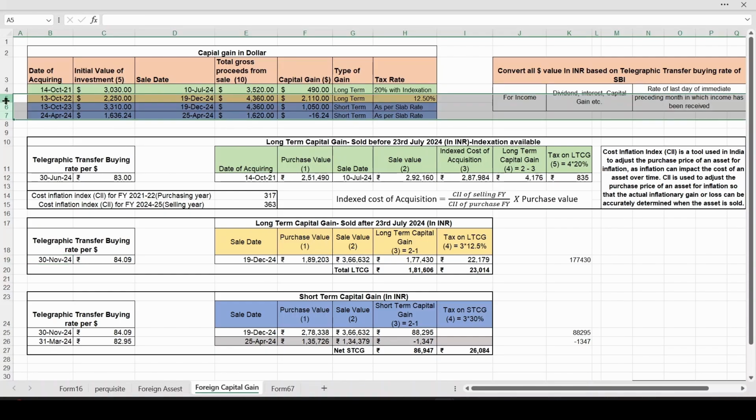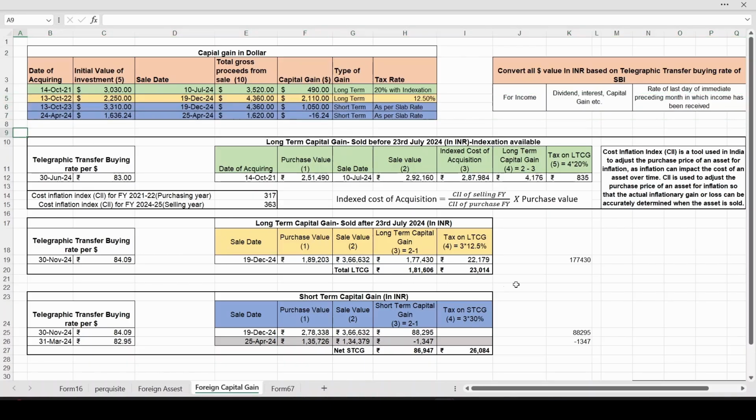First, we understand the calculation for these 3 entries other than indexation. So our capital gain in INR would be capital gain in dollar multiplied by the conversion rate of the last day of the immediate preceding month, that is 30th November. But in ITR, we can't mention capital gain directly. We would require purchase value and sale value. So we will use the same conversion rate for calculation of purchase value and sale value.